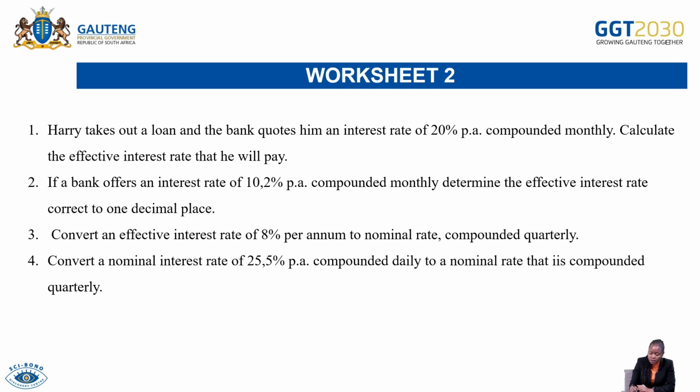It is just a typing error. When you get home, you will do all of those ones. Make sure that you do them and ask your teachers for assistance. Don't forget your effective interest rate needs to be higher than the nominal interest rate.